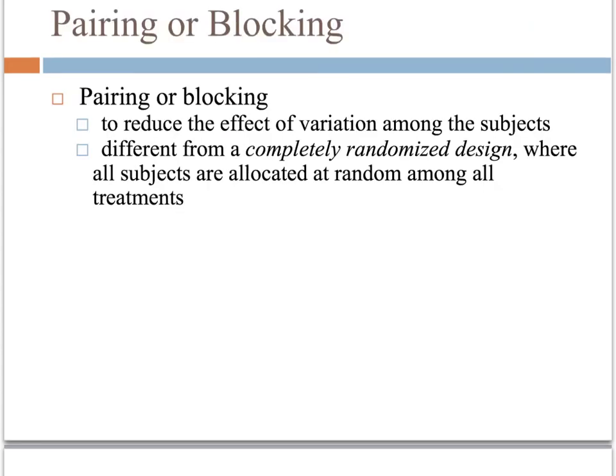Now sometimes we do something called pairing or blocking to reduce the effect of variation among subjects. And this is different from a completely randomized design where all subjects are allocated at random among the treatments. This time we're doing a little bit of choosing when we assign treatments.